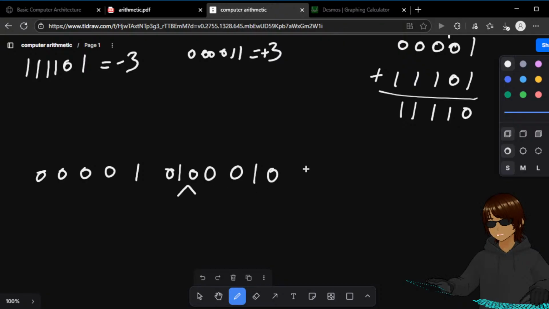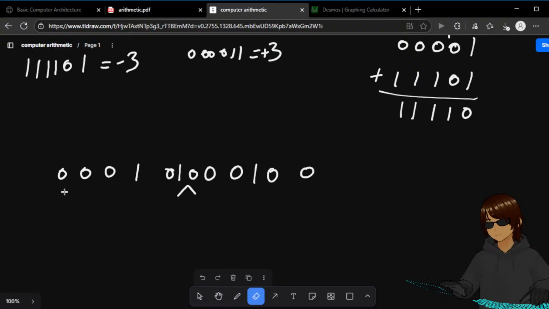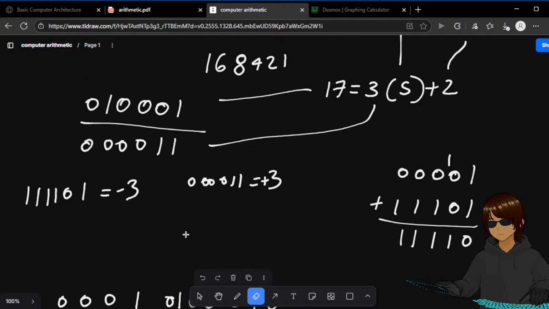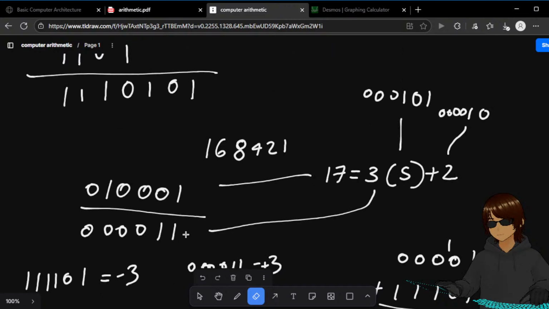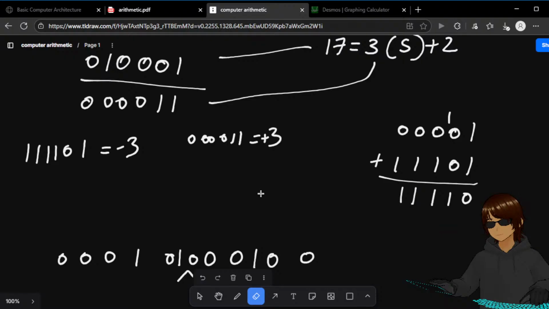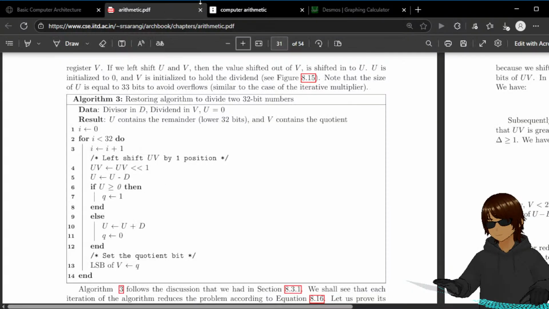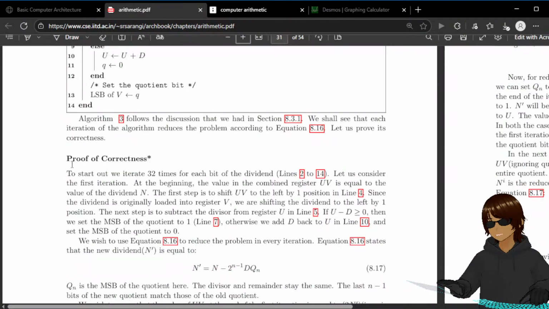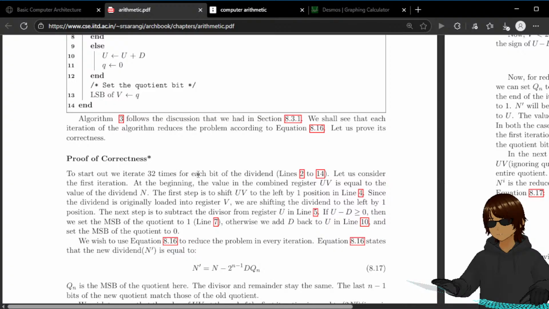Wait, something is definitely missing. If it's positive, then 1 at the end. What am I missing? To start out, we iterate 32 times for each bit of the dividend.